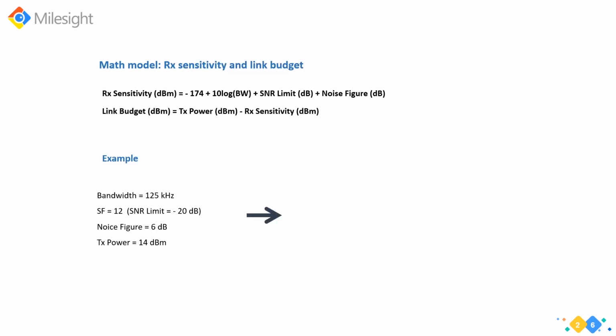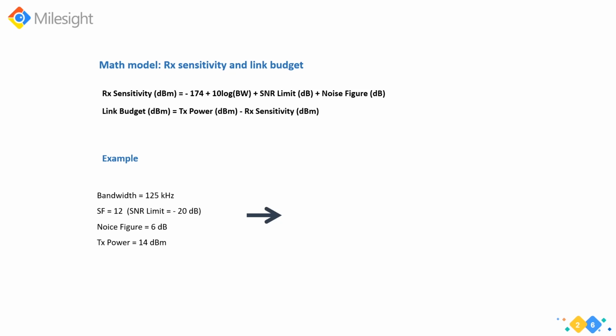And here is our example with 125 kHz bandwidth, which is the typical bandwidth used in LoRa communication, and the highest spreading factor, SF12, and we can know the signal-to-noise ratio. That limit should be minus 20 dB according to the table on the last slide. And the noise figure, here we can suppose we use 6 dB.